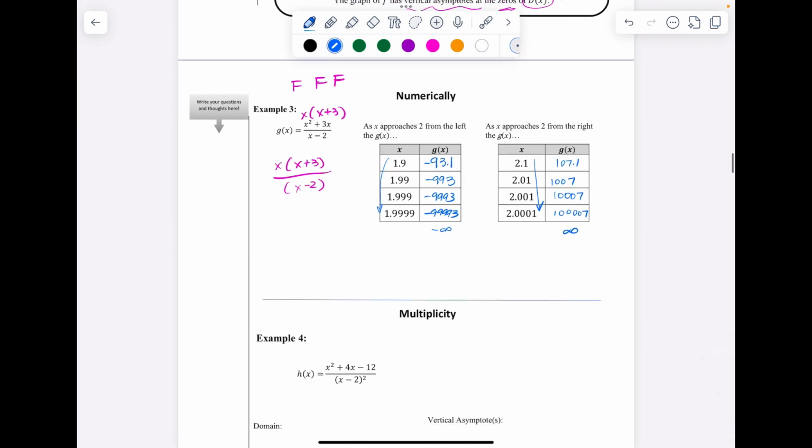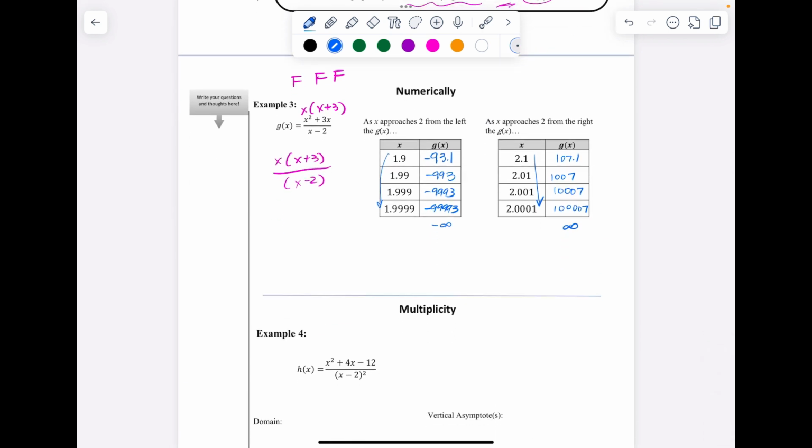So let's talk about what that looks like. Remember, the limit as x approaches 2 from the left side, we use this notation: g of x is going to negative infinity. And for this one, the limit as x approaches 2 from the right side, g of x is going to positive infinity.